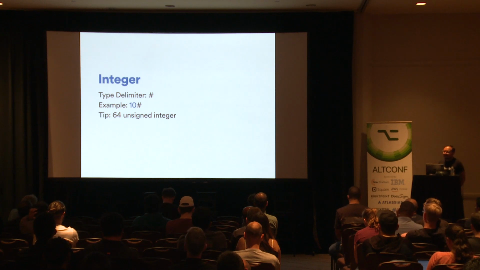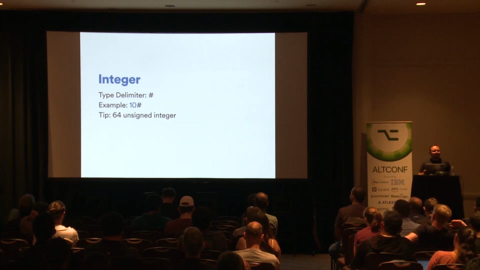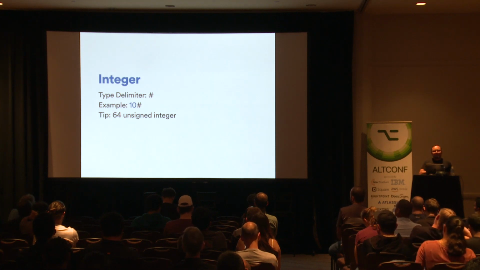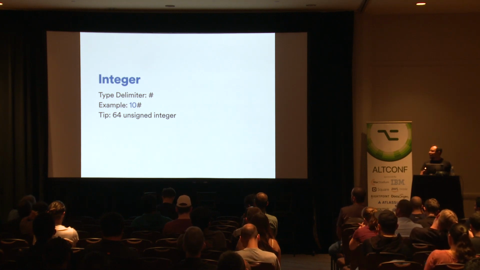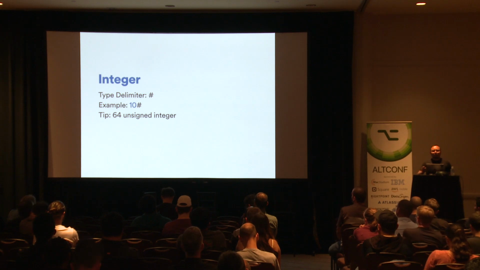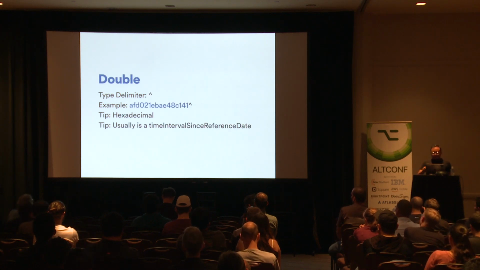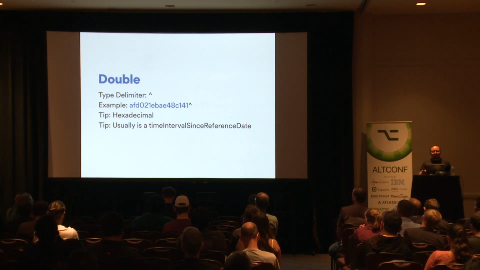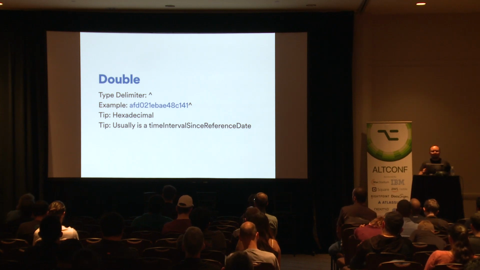So this is the integer. The type delimiter is the £. And this is an example. In this case, 10 is the left-hand side value, and then the £. So basically, that's how you encode the number 10. And then for the double, it's pretty similar. The type delimiter is the caret, and the number is in hexadecimal, but this is a double. As a tip, all the doubles inside the xcactivitylog files are time intervals since the reference date.